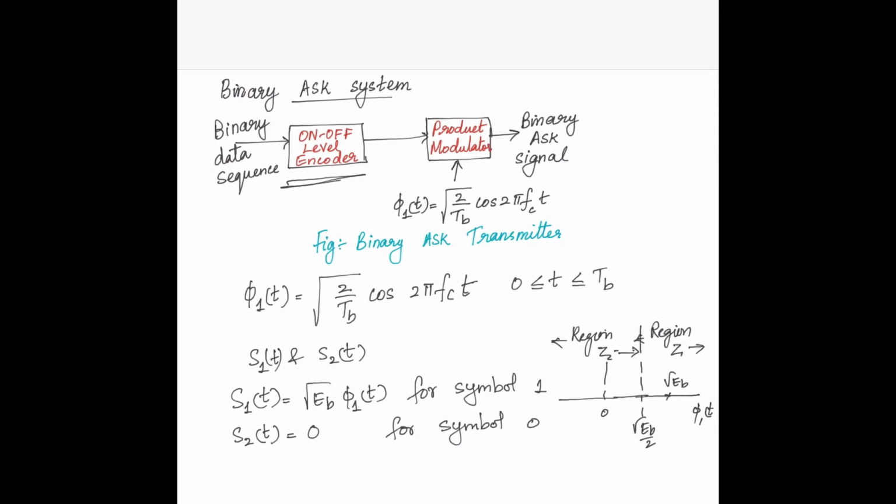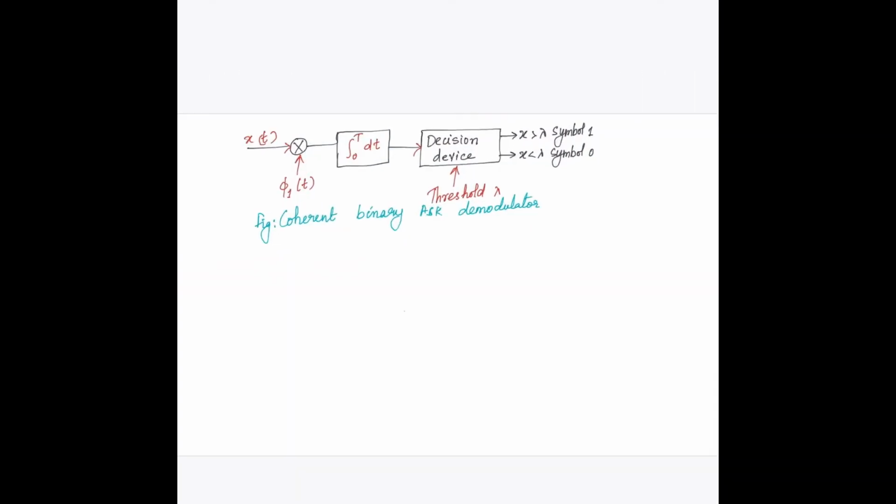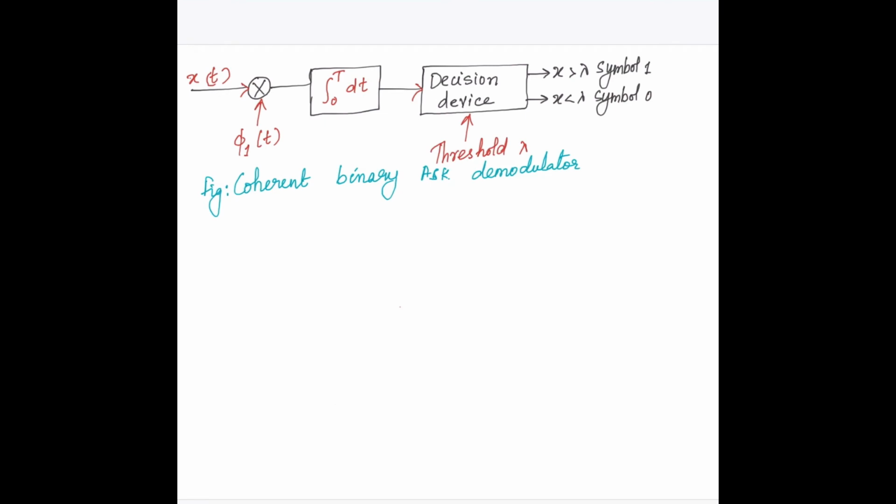The demodulator consists of a correlator. At the demodulator, the noisy signal is applied to a correlator with the coherent reference signal phi 1 of t. Now this correlator output x is compared with a threshold value lambda.